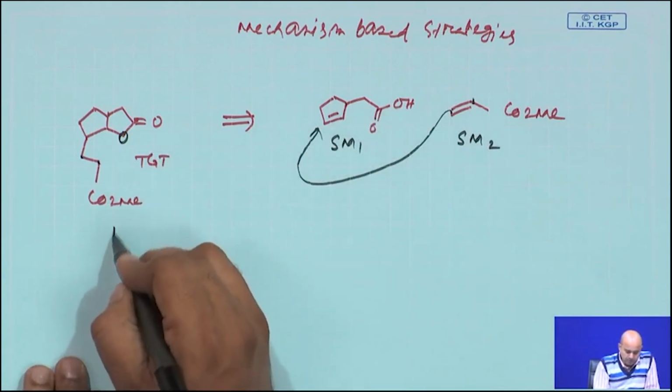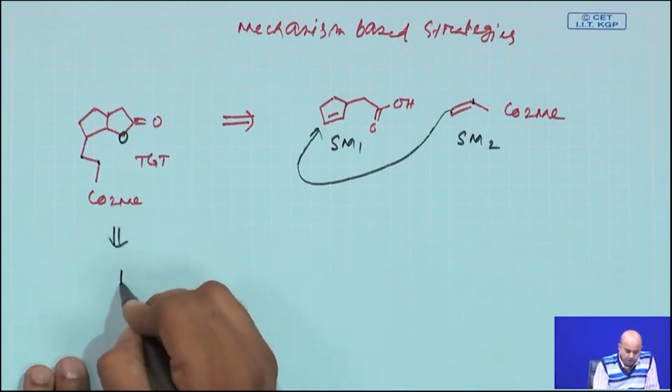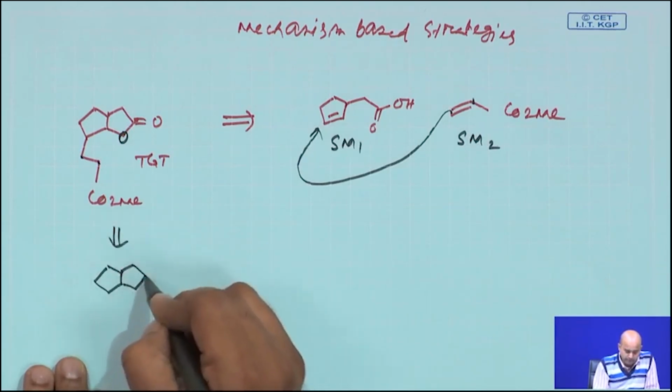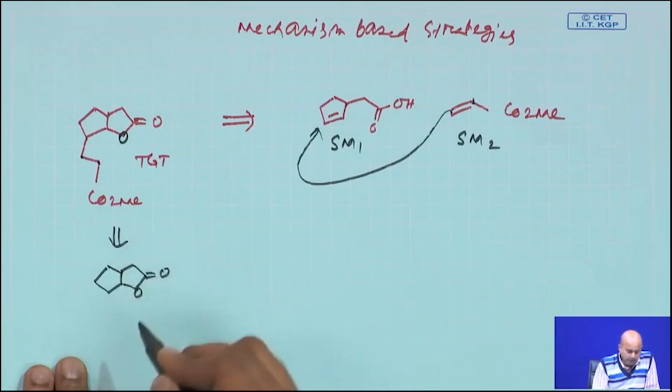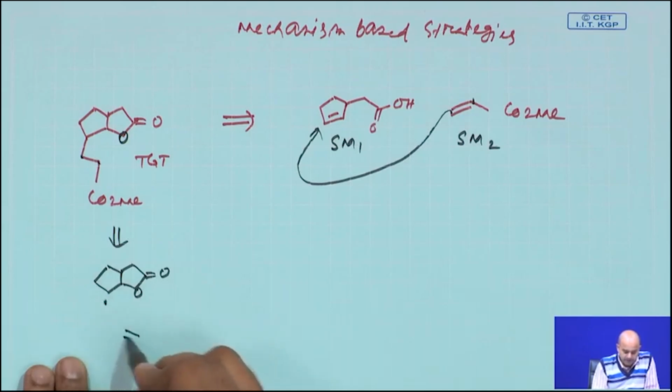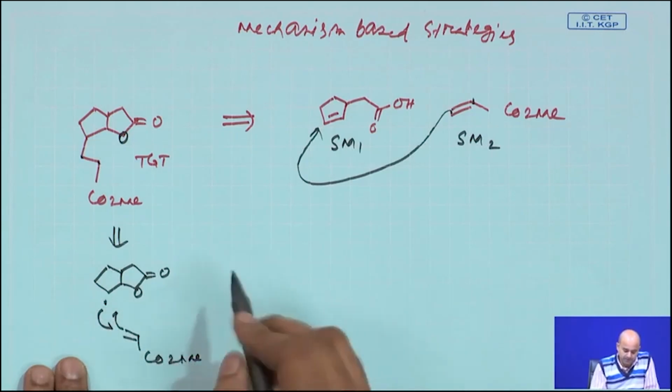So, I will now draw this retro a little bit differently, and I say if somehow it is possible for you to generate a radical here, this radical can undergo reaction with this acrylate through simple radical coupling, or radical olefin coupling.